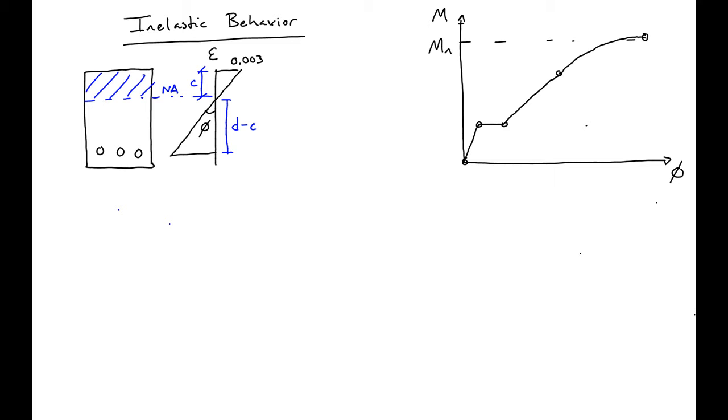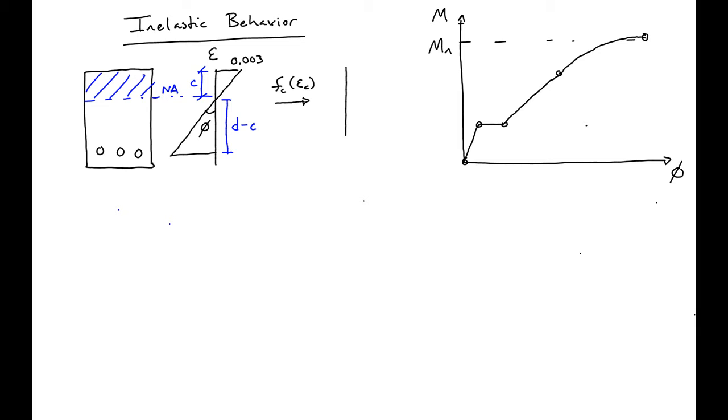So whereas before we could go from our strain to our stress diagram just using a linear relationship, now, to get the more precise behavior, we'll need to use actual stress-strain relationships for our concrete.